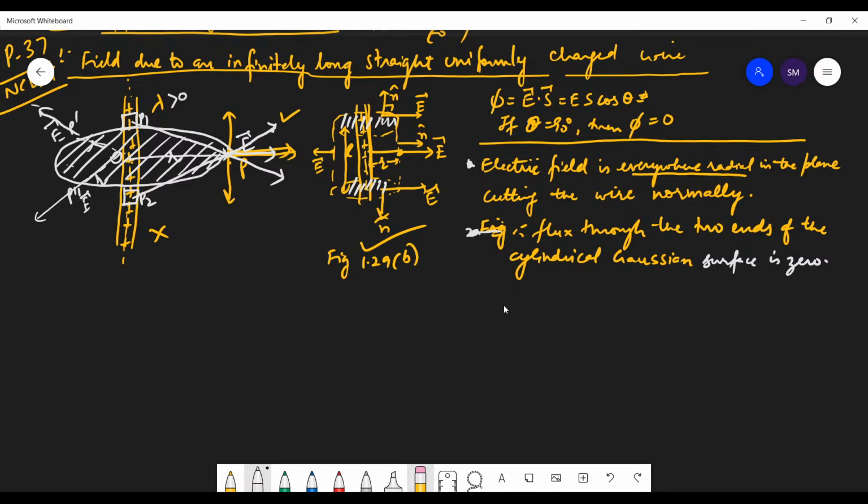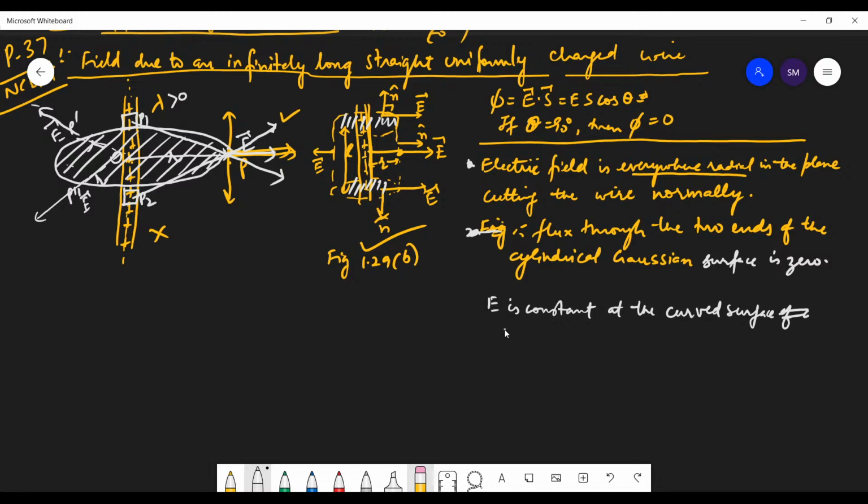So E is constant at the curved surface of the Gaussian surface.